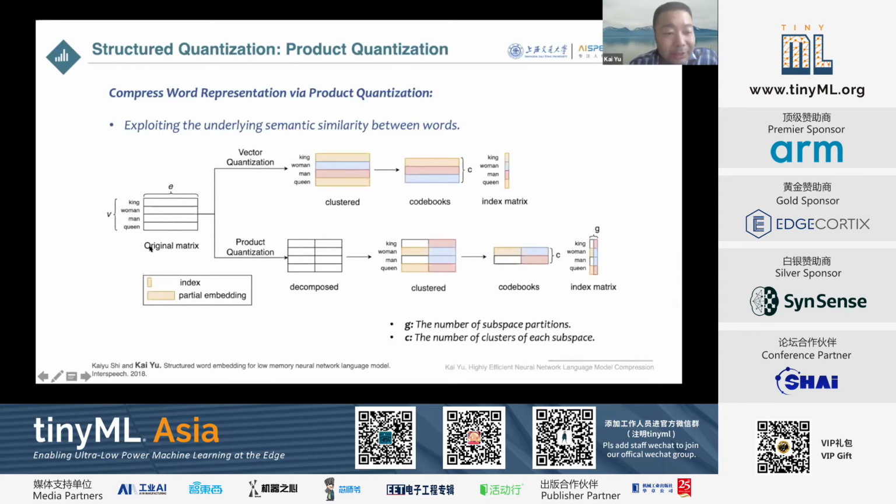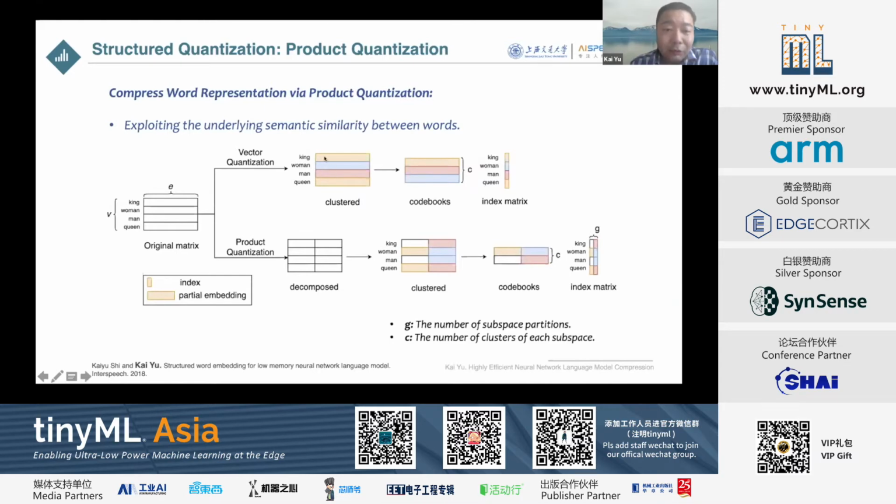For the original word embedding matrix, we have an e-dimensional vector for each word, and we have a vocabulary of, for example, 120K words. That's the original matrix. If we do vector quantization, we basically need to design a codebook. Let's say we have C different clusters.